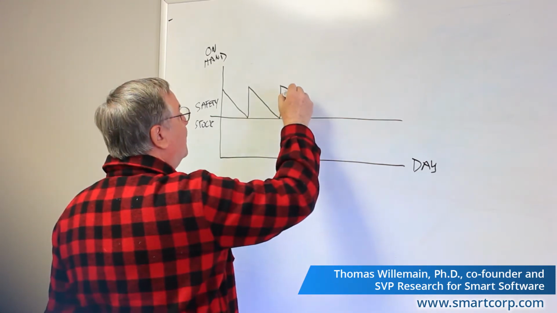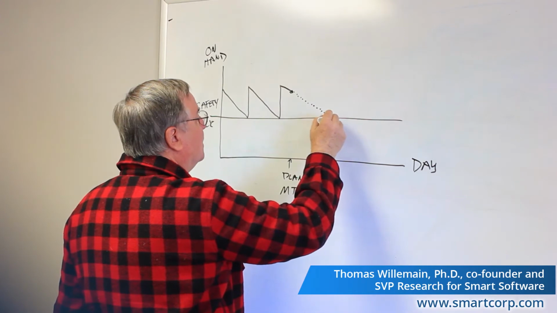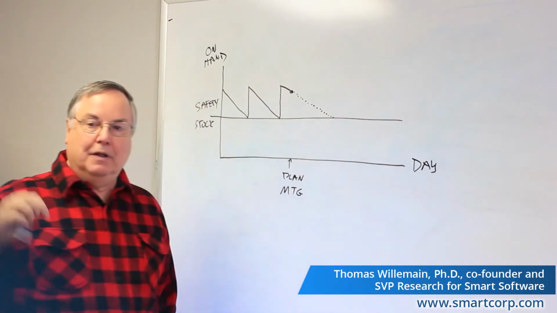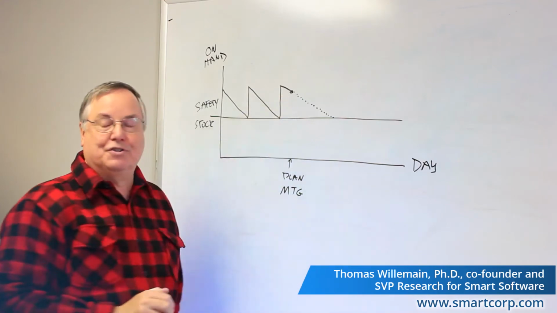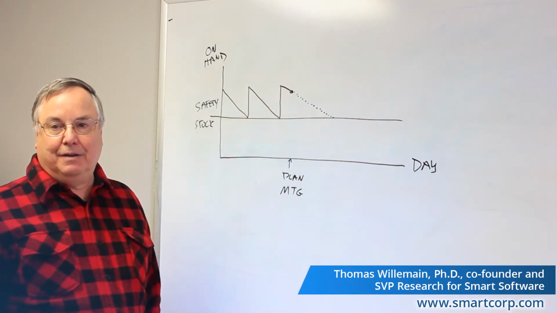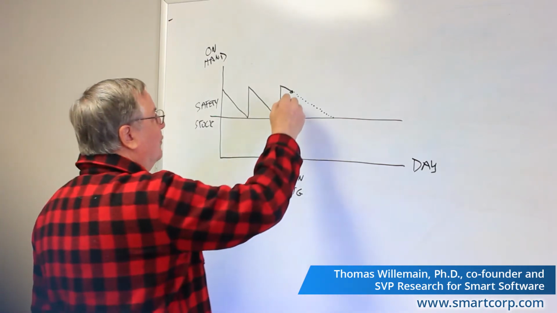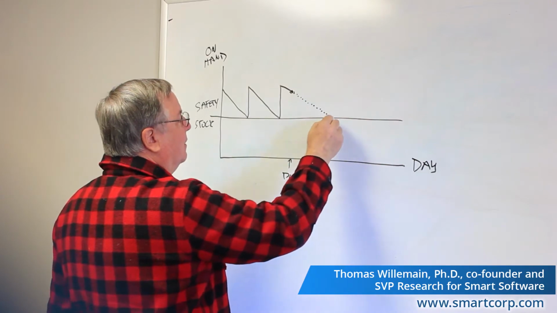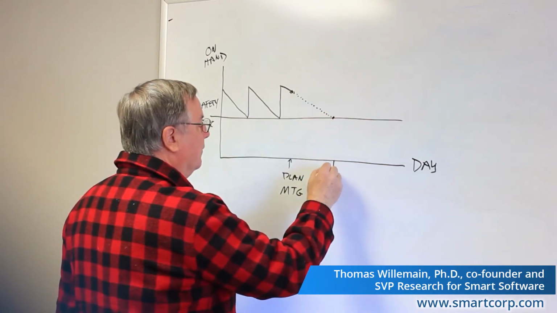So at this point you would use your forecasting software to predict out the future demand, which you can easily translate into the future safety stock, because each demand that comes in is going to cause a drop in the inventory. So the forecast, this dotted line, would come out and hit the safety stock at some future time.